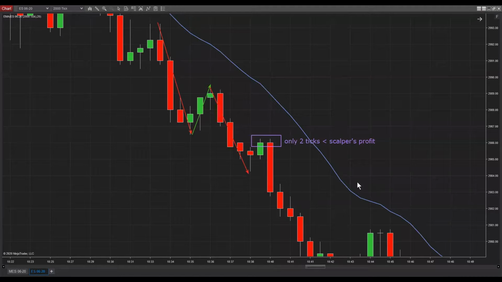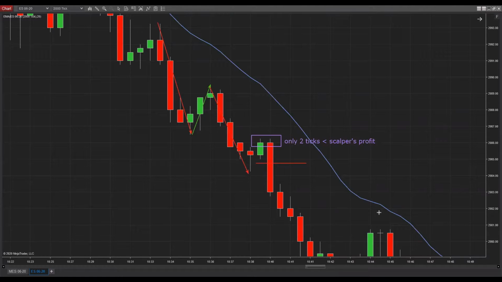And so now all the traders here who went long have their stop orders 1 tick below the signal bar's low, which is right here.